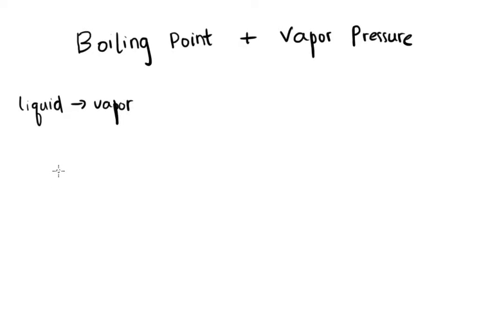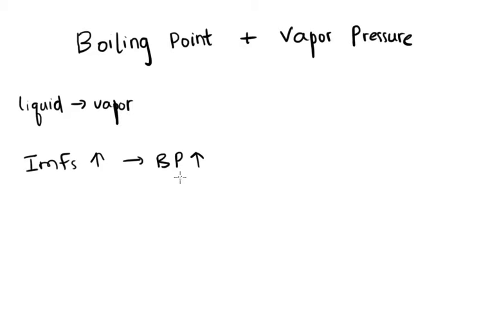So the relationship is essentially the greater the IMFs, if IMFs are strong, then they will have a greater boiling point, because it'll take a higher temperature for the molecules to break free just because they're so cohesive. So boiling point will increase. And vice versa is also true.